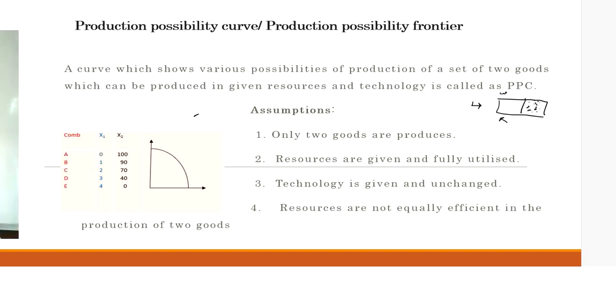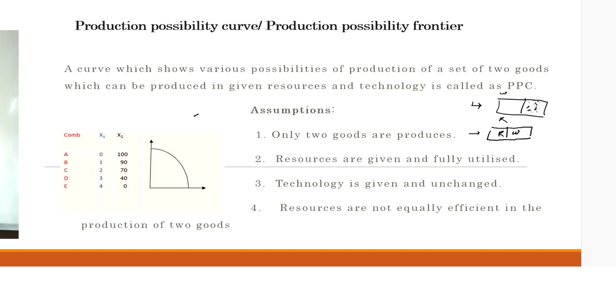Now, see the second case. The same piece of land is fully utilized. Suppose we have divided the resources equally in the production of rice and wheat. Now see, if you want to increase the production of wheat, the production of rice will decrease because you have to remove resources from the production of rice and then utilize them for the production of wheat.